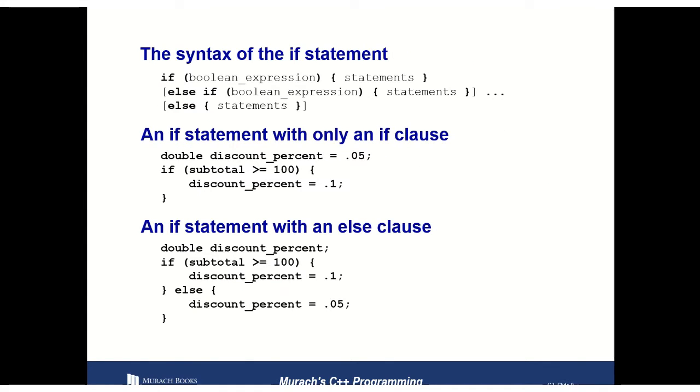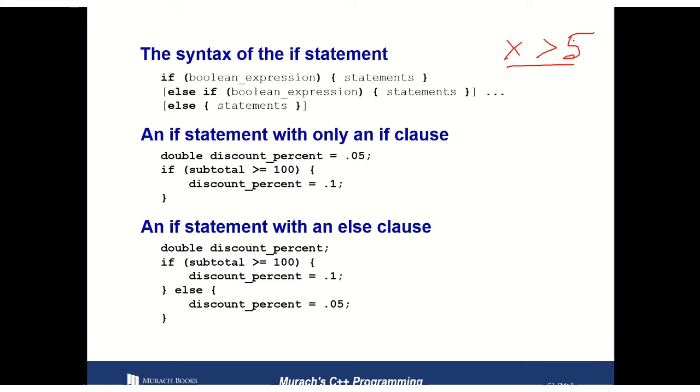The syntax of the if statement is as follows. You write if, then you have the Boolean expression. A Boolean expression means, if you write x greater than 5, this is a Boolean expression. If the value of the variable x is greater than 5, then the expression evaluates to true. If x equals 5, it is false.